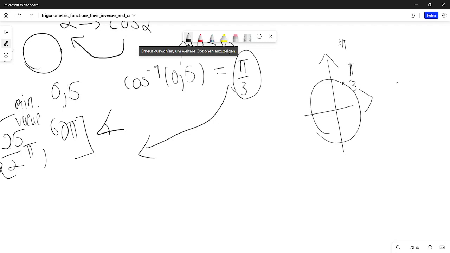Okay, that's how mathematicians calculate things. 7 pi third is in the same point, but it is not the same angle. This angle, 7 pi third, is after I went until 2 pi and have taken a turn on the spiral upwards.